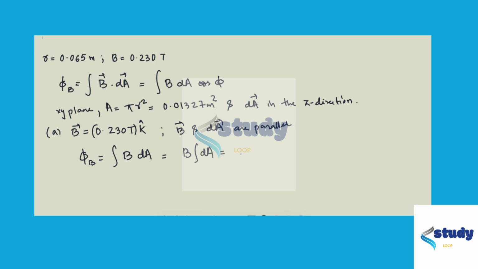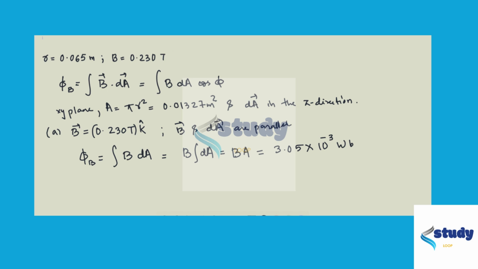So we are left with just the area, and the integration over the small area is the total area. So this is B times area. We have the magnetic field and we found the area over here. So the flux in the first part will be 3.05 times 10 to the power minus 3 Weber.